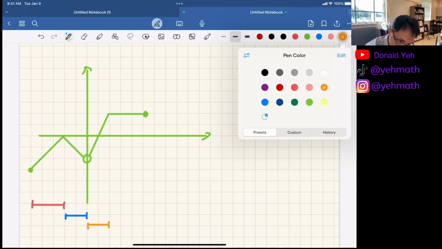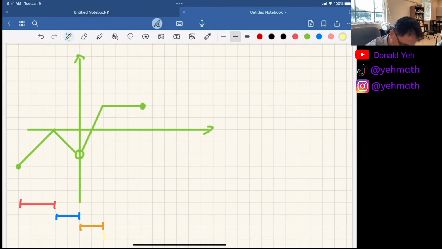And from here to here is going to be the fourth function. Is that okay? So we're going to start with the red, with this one, from here to here. Oops, my bad. Imagine this line extends a little bit longer.